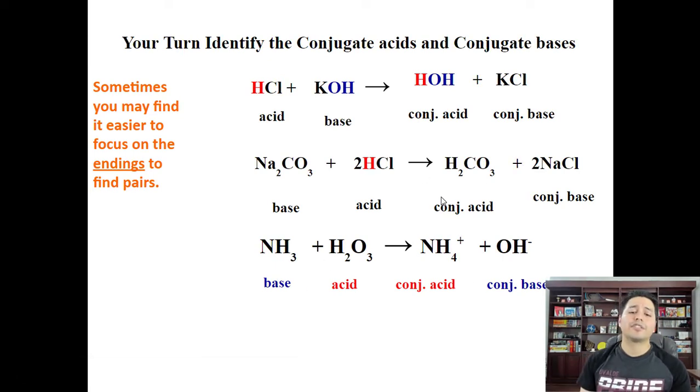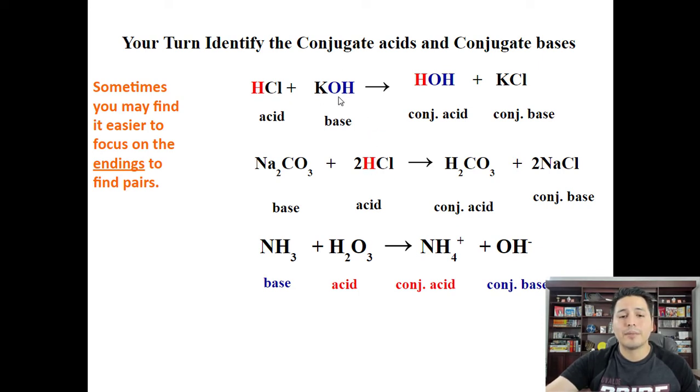And just remember, guys, there are going to be times where you might be confused, but if you understand the definitions of strong acids and strong bases and your weak acids and weak bases, you can kind of cheat a little bit and say, hey, NH3 is always going to be a weak base. By default, you know he's the base, right? You know he's a nitrogenous base, so you already know that he was the base to begin with. You could do the same thing for HCl.